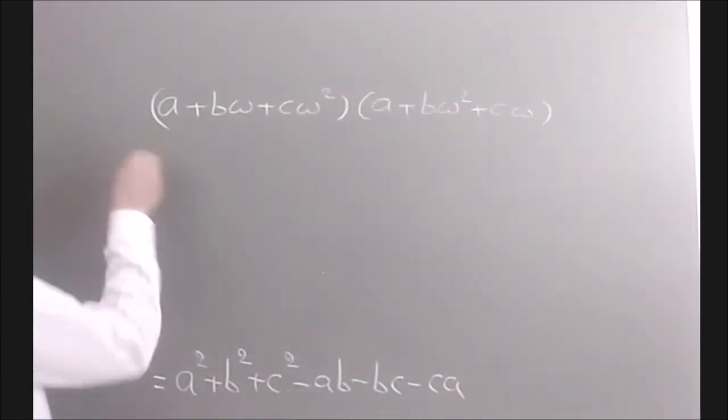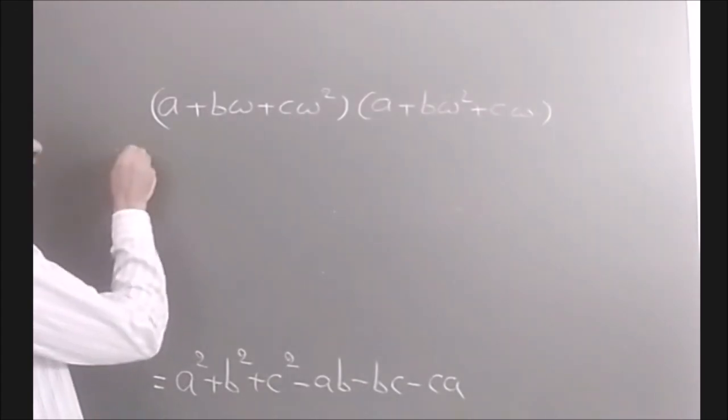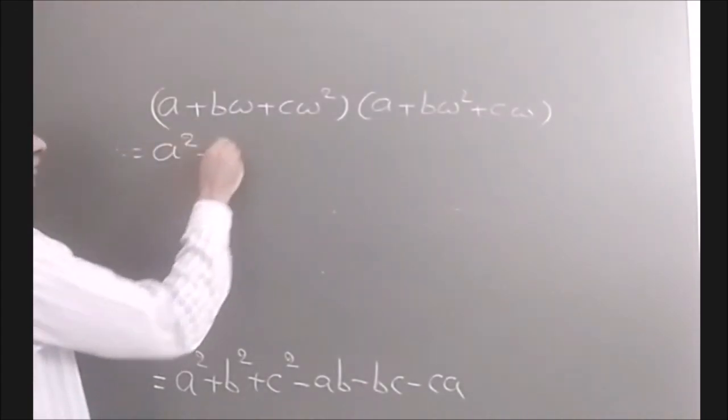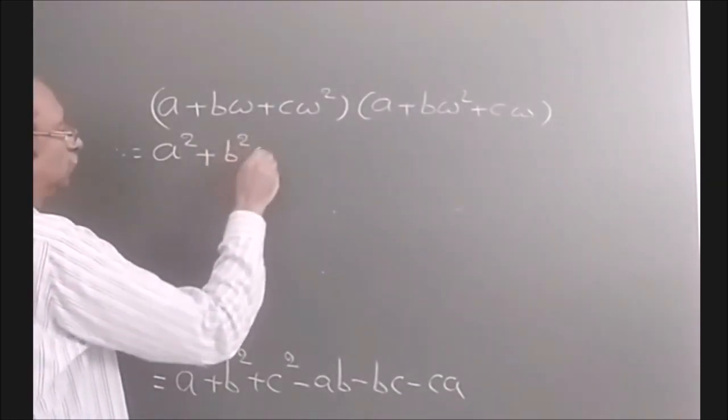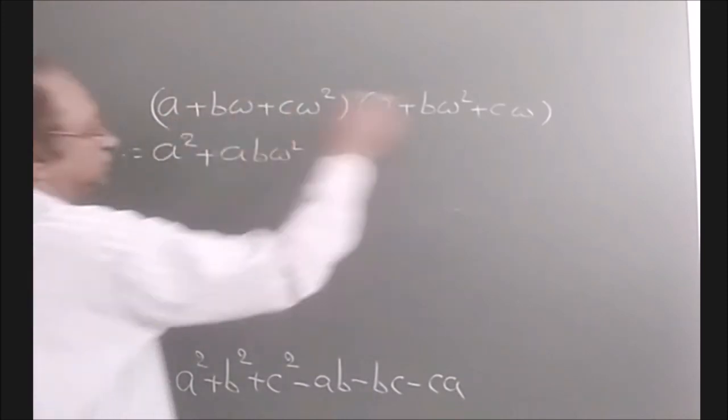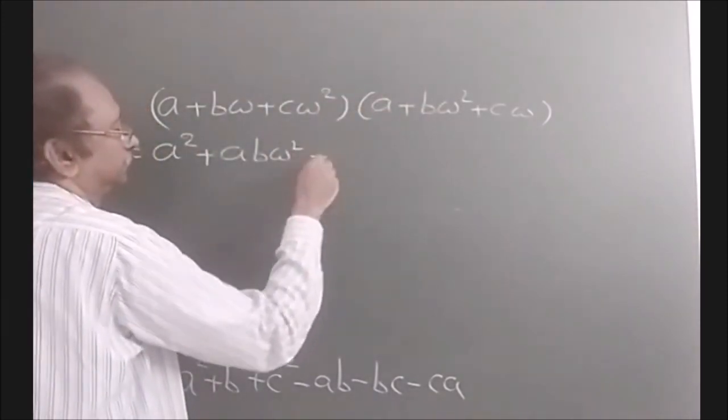We have to multiply. So that is equal to A into A square plus B square, AB omega square. I am using the distributive property.